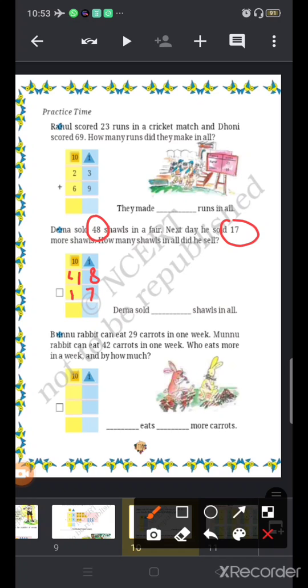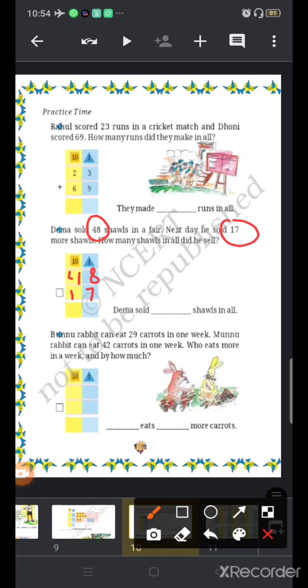Okay. So first we'll add which place? Ones place. So 8 plus 7 is equal to... 8 is the bigger number. So we'll keep this 8 in our mind, and from 8 onward we have to count 7 more. Okay.